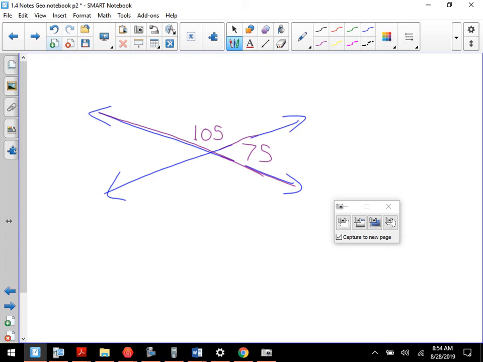Now, going to the one below that, which was previously angle 3, 75 and this angle still create a line, which means what does that angle have to be? 105, which means going back up, what does that one left over have to be? 75. Okay. Didn't we just go all the way around all four angles? When you go all the way around something, how many degrees do you get? 360. Convenient, isn't it?